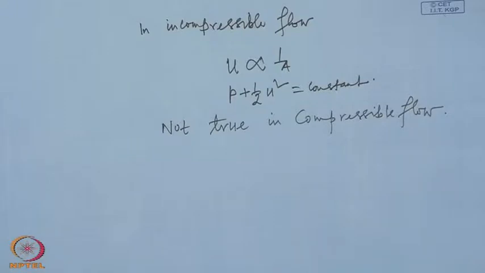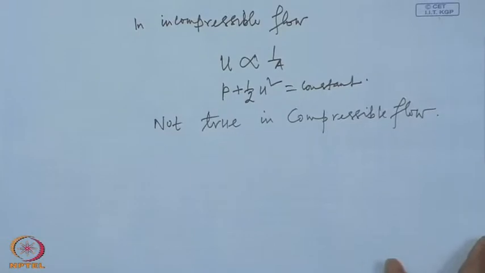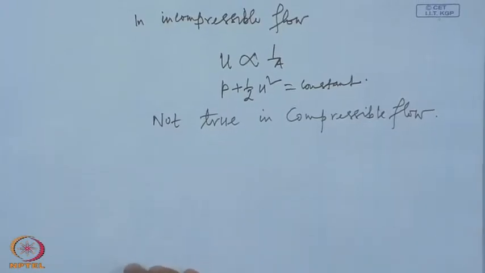Now, to obtain these flow solutions in compressible flow, we will first derive the basic conservation laws for compressible flow, which includes the mass conservation or the continuity equation, the momentum equation or the Euler's equation for inviscid flow, and the energy equation.